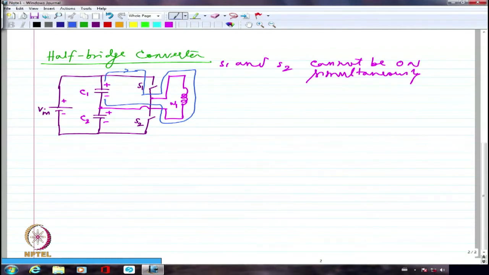Please note, under this condition, capacitor 1 is discharging, capacitor 2 is idling. So sometimes the problem we face is that C1 gets discharged quite a bit, even within a few microseconds or a few milliseconds, and C2 actually gets overcharged because the voltage is V in across C1 and C2 put together.